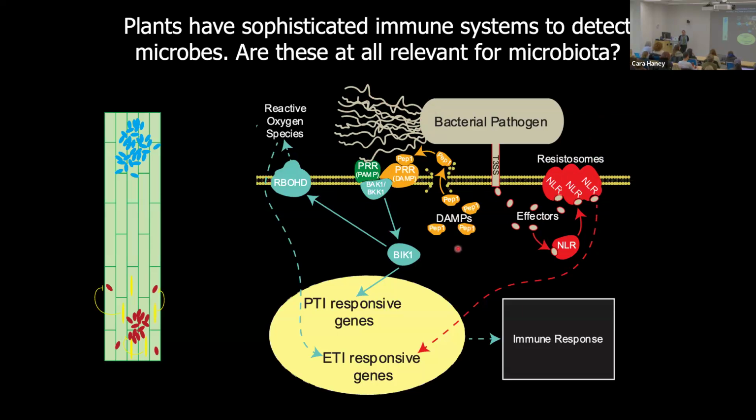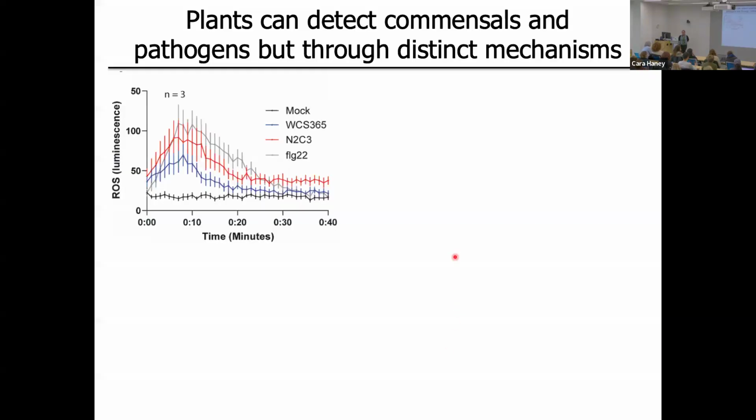We thought this was potentially a good candidate because this is a membrane-forming toxin, and plants could sense the damage from the toxin and then respond to that. So first I'm going to talk about sensing the microbe-associated molecular patterns and testing whether that could play a part.